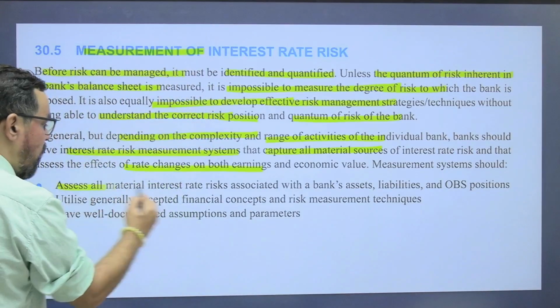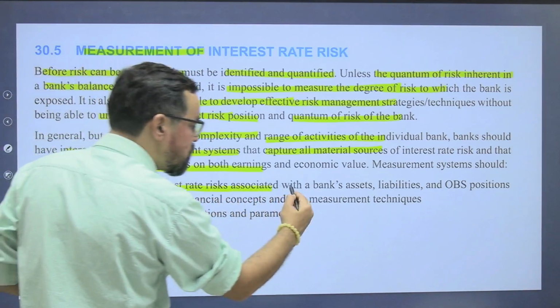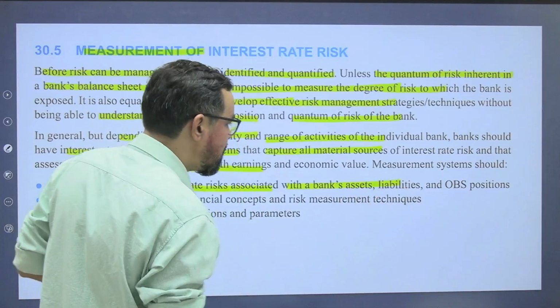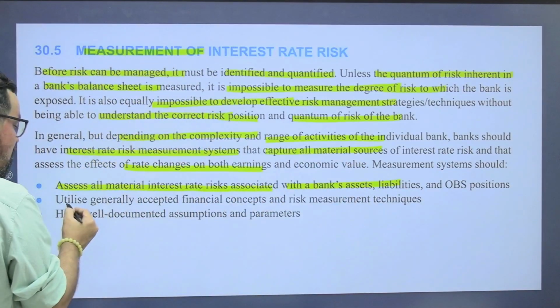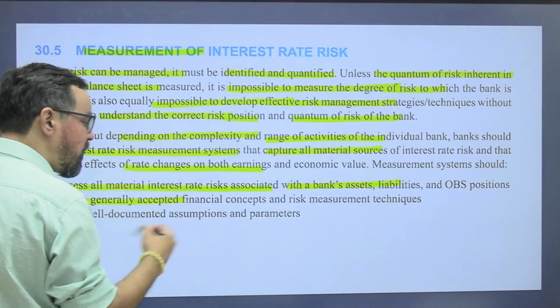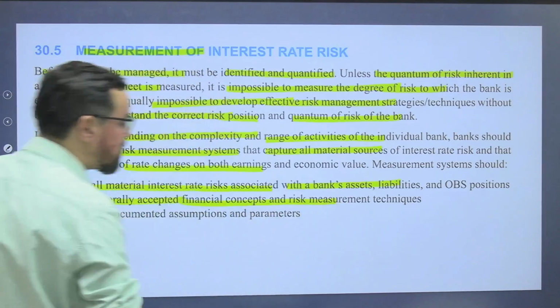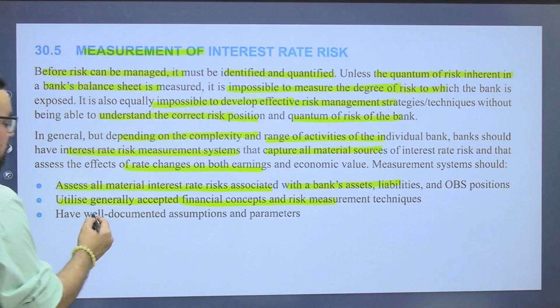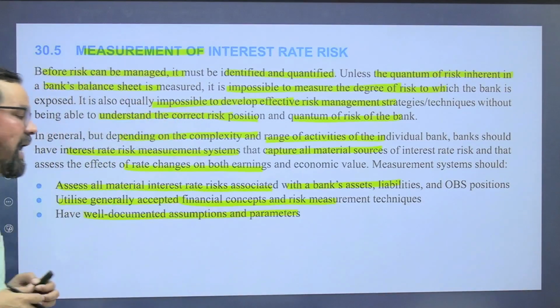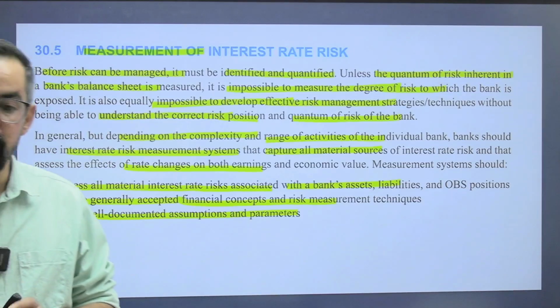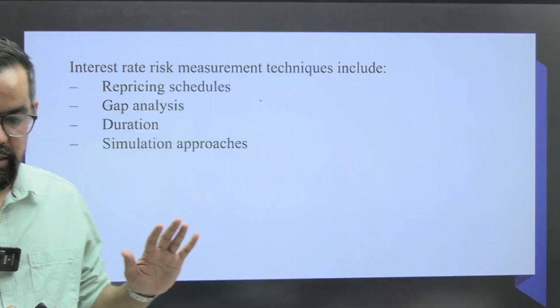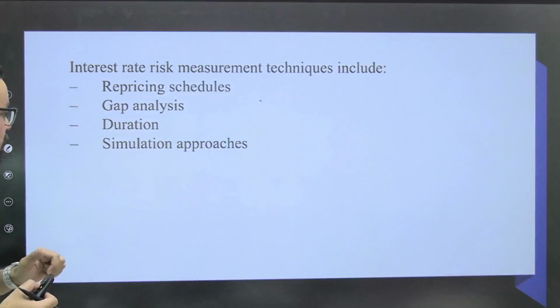So assess all material interest rate risk associated with the bank's assets, liabilities and off balance sheet exposures. Utilize generally accepted financial concepts and risk measurement techniques. Have well documented assumptions and parameters to manage the interest rate risk itself. I hope this is clear. Let's move forward again. Okay.